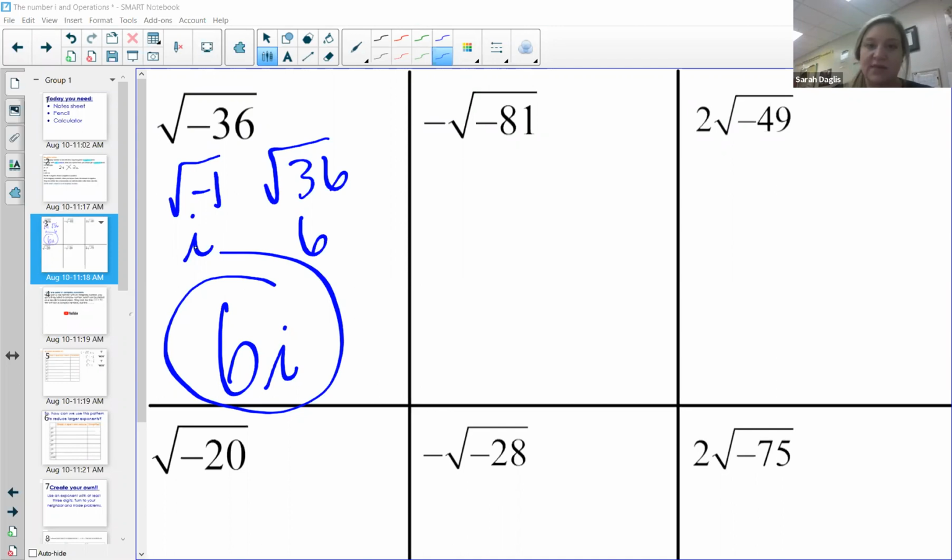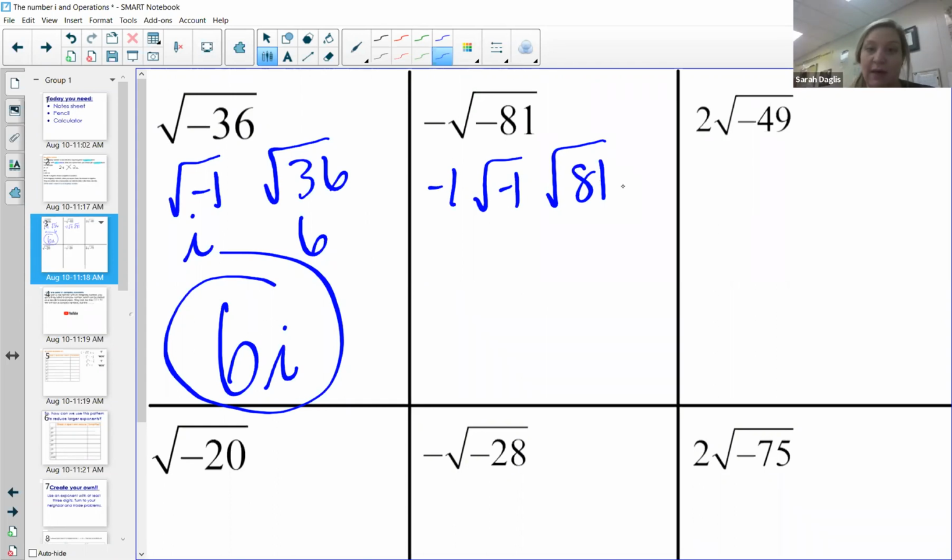All right, the one next to it: negative times the square root of -81. There is a negative on the outside, so we're going to leave that there. There's a negative on the inside, and there's an 81. Breaking apart like this, you don't have to do it. I just want you to see where our answers are coming from. Eventually, you'll just automatically know what to do, okay?